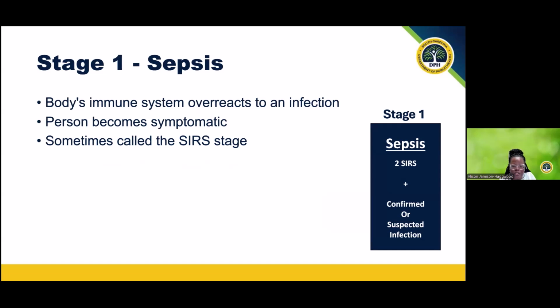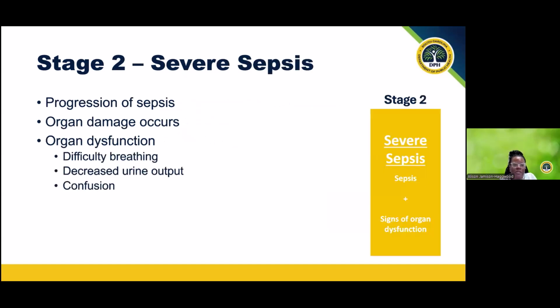And then SIRS can manifest itself as early as stage 1, with fever, increased heart rate, rapid breathing, and also altered mental status.